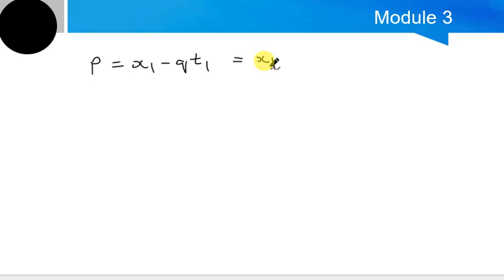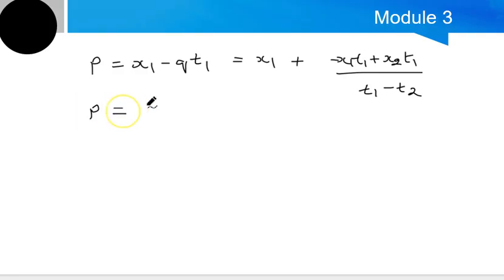So this is going to be x1 minus x1 t1 plus x2 t1 divided by my t1 minus t2. Try to simplify this. When I simplify this, I will have an x1 t1, I will have a negative x1 t1, which will get cancelled.